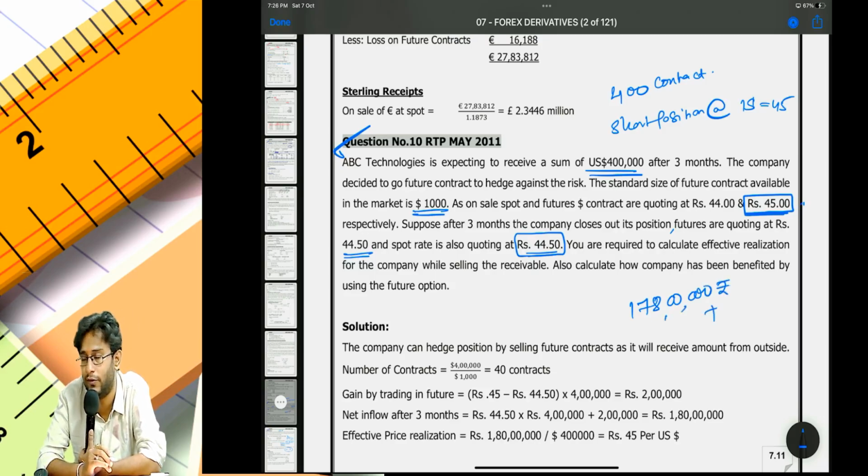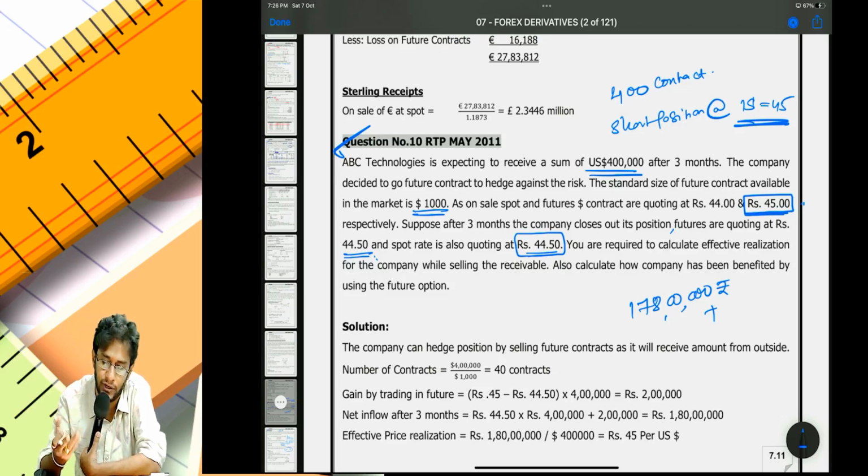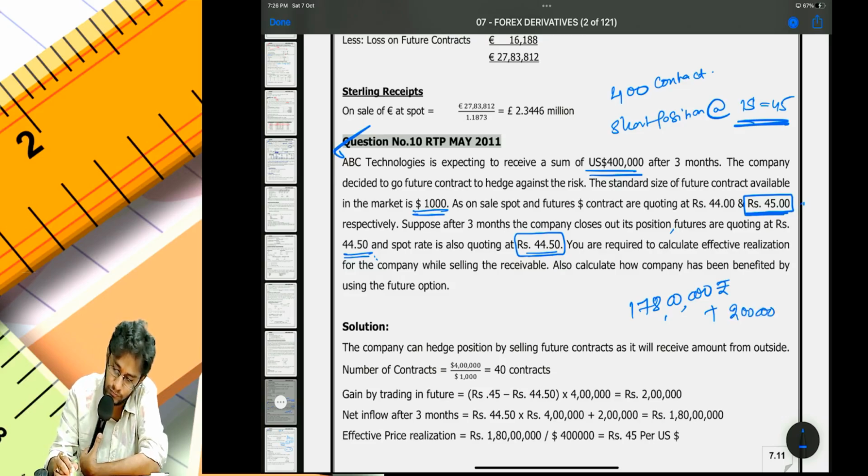Why will you get a gain? You took a short at 45. Today the market rate is 44.5, so you agreed to sell at a higher rate. Definitely a gain, 50 paisa: 0.5 rupees per dollar into 4 lakhs, 2 lakh rupees gain. So your total inflow will be 180 lakh rupees, at maturity, in 3 months.